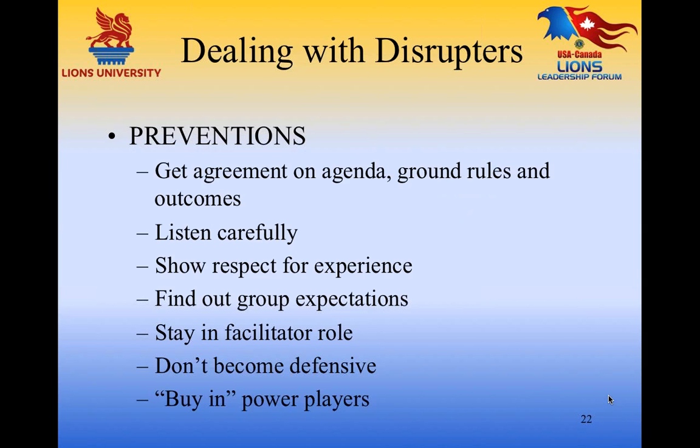First is going to be some preventions. If you get an agreement on the agenda and the ground rules and the outcomes in the beginning of your meeting, then you can use those things to get people back on the agenda and following the rules and focusing on the outcomes.